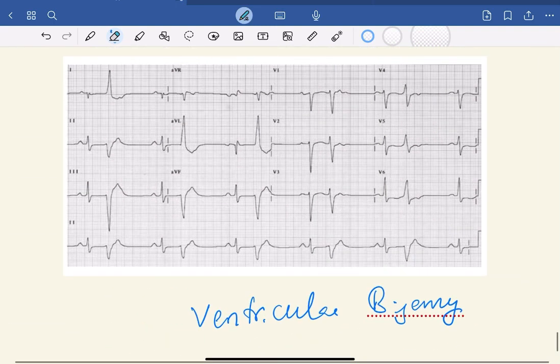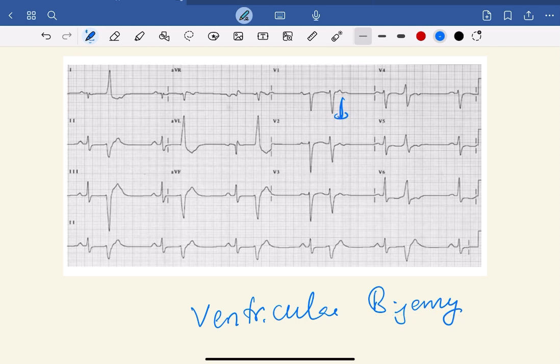In lead V1, if the QRS complexes of PVC are predominantly downward, it is suggestive of a right-sided focus. That means it has a left bundle branch block pattern. So right-sided. Now we have to know whether it is on the apex side or the outflow side or inflow side.